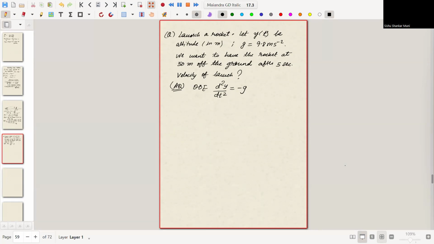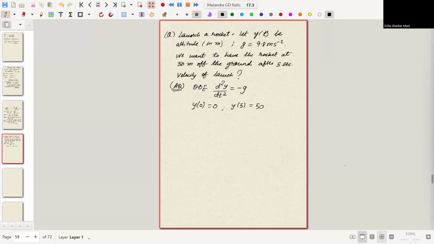It's a vector kind of thing, hence it's pointing downwards, just convention. And we have two boundary conditions: y of 0 equals 0, the altitude of the rocket at time t equals 0. At 5 seconds, it should be 50, as given in the problem.